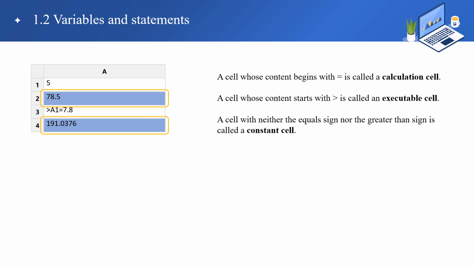Cell A1 in the above piece of code, with neither the equals sign nor the greater than sign, is called a constant cell in SPL. It is used to define a constant. Many programming languages have the concept of constant variable, which can be understood as the named constant. The constant variable value cannot be changed at running time of the program once it is set.